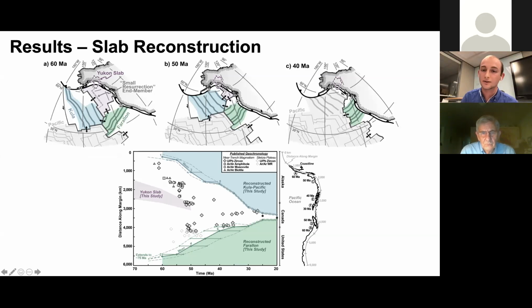So on the upper part of the slide here, as I said before, these dark lines, which are plotted next to each other, represent the unfolded slab lengths that I just showed you on the previous slide.